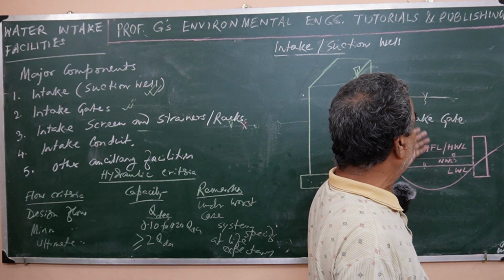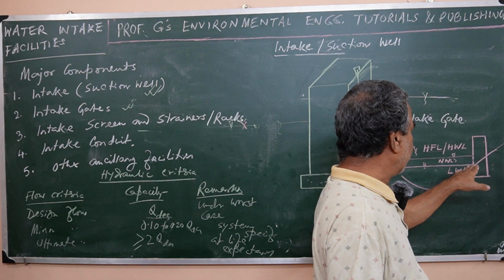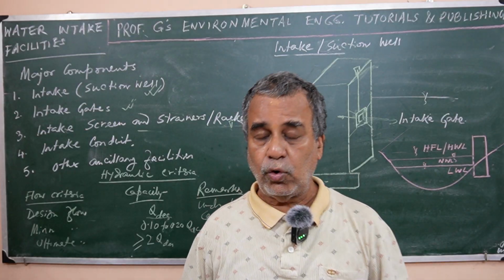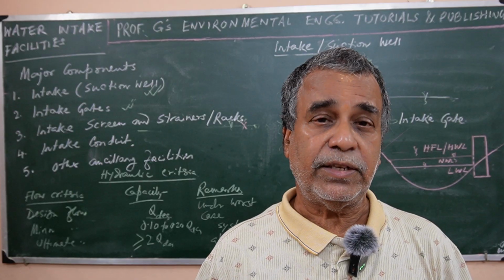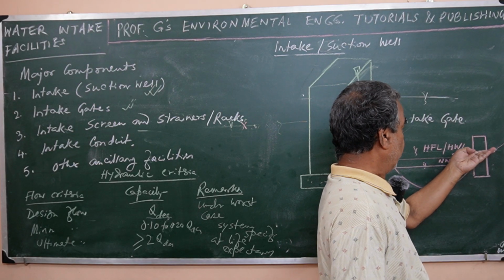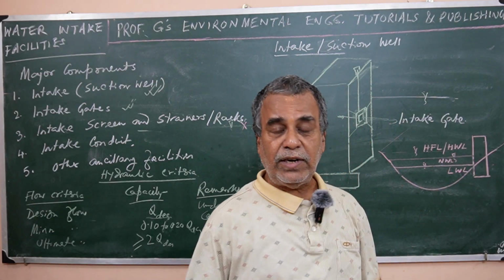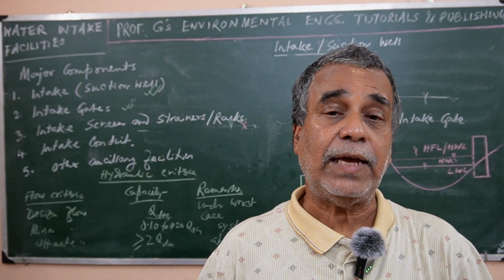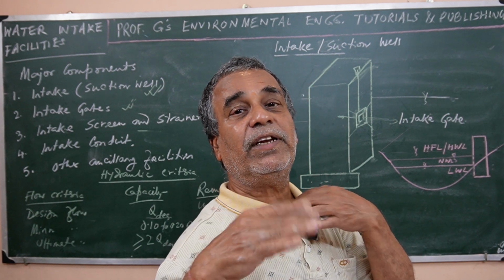Similarly, on the other hand, if your intake is lower than the historically highest flood level, which as I have told already is considered the datum, the reference year being 1978 or so, and if such an incident is repeated in the next 60 years, because the design life is 60 years, then this entire structure will be inundated.